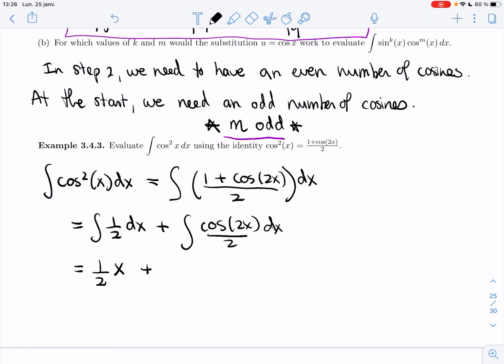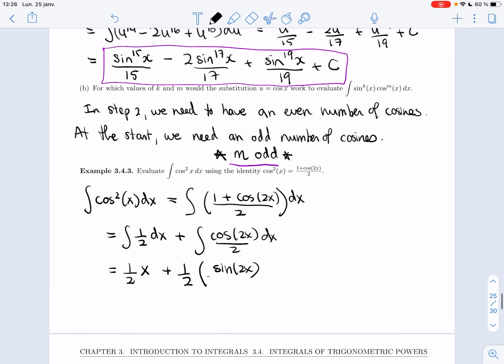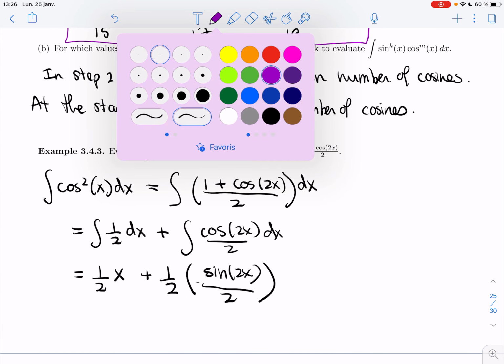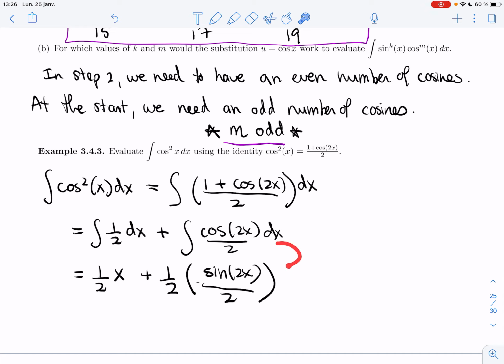And then here I could pull the 1/2 out, and then the integral of cosine is sine, but because I have a 2, I'm going to need to divide by 2. All right, so this here is from our good old takeaway 1, the one that we keep using. That's why I gave it a number. That's the only one that actually has a number so far.